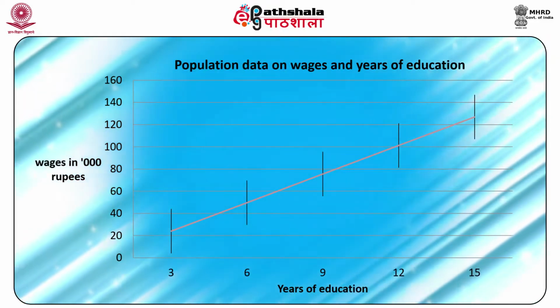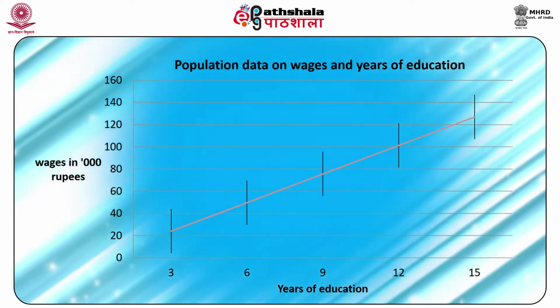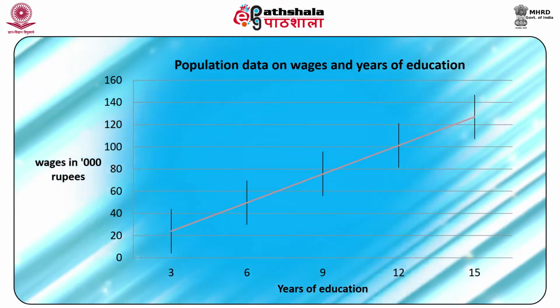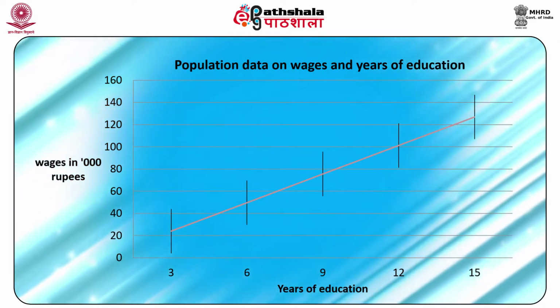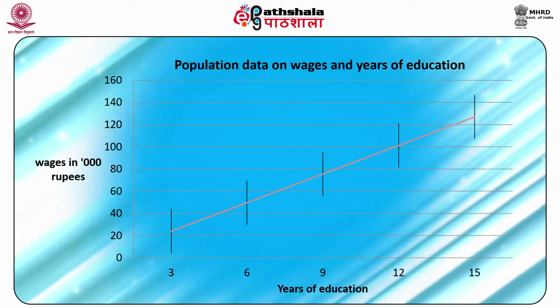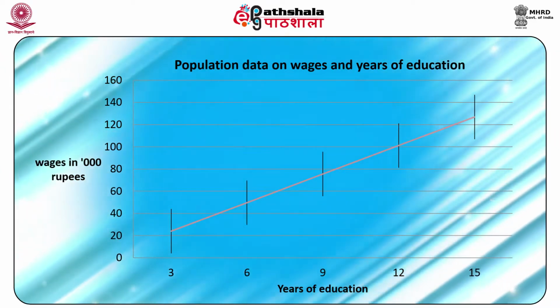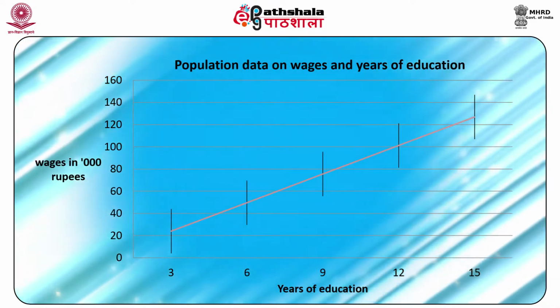Therefore, if we arbitrarily fix 5 values of number of years of education x at 3, 6, 9, 12 and 15 years, there would be 5 subpopulations of y as shown below in our diagram. We have the 3 years, 6 years, 9 years, 12 years and 15 years of education fixed.